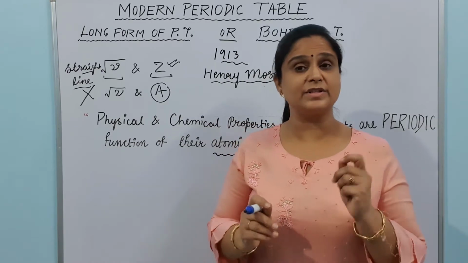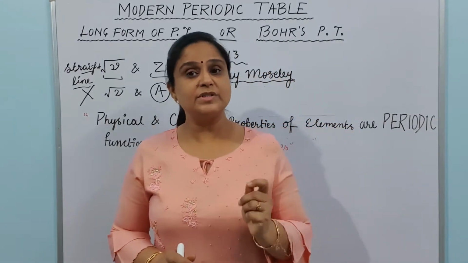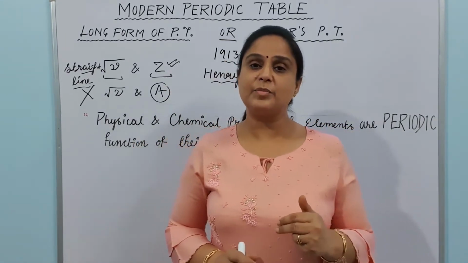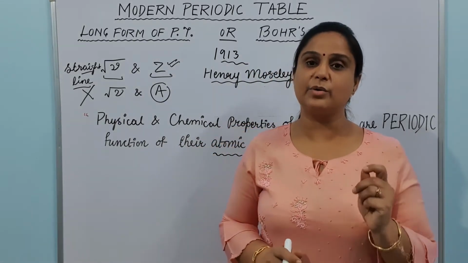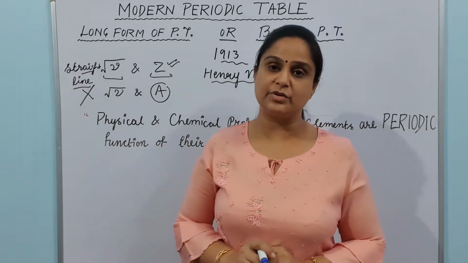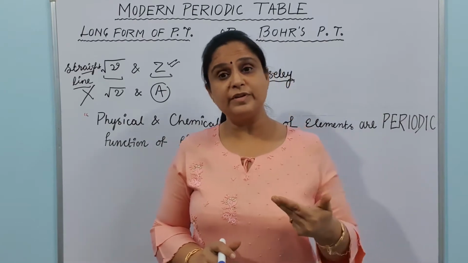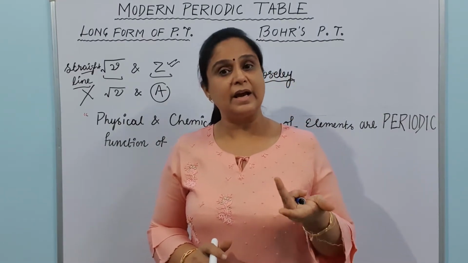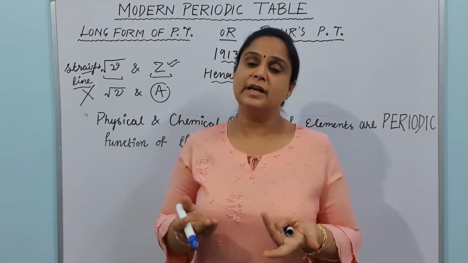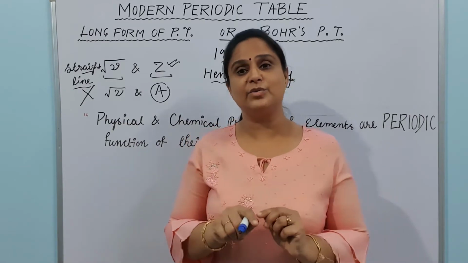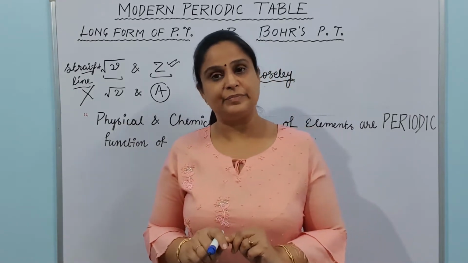And this idea was actually logical, because now we know that the chemical properties of any element depend on the electronic configuration of the element, and electronic configuration is because of the electrons, and it has nothing to do with the atomic mass, which lies in the nucleus at the center of the atom, isn't it?